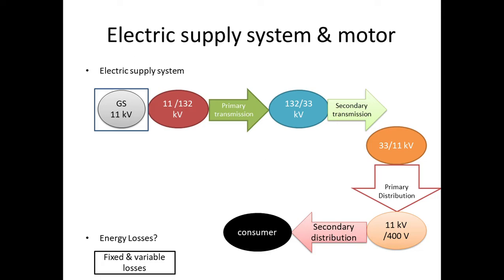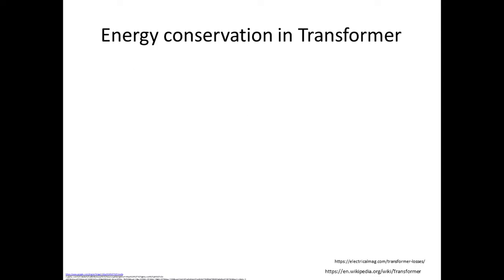When electricity is supplied, some heat is generated, that is also a fixed type of loss. Variable losses depend on how much current is supplied through the wire. So they vary according to the amount of current. So these are the losses.